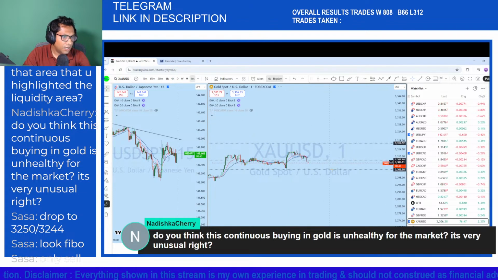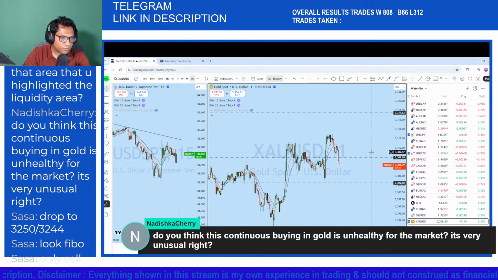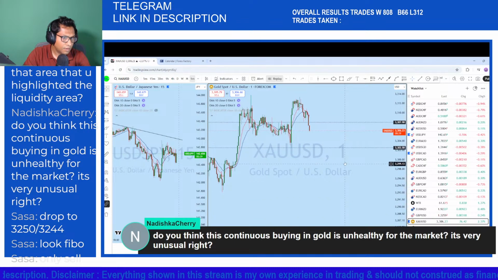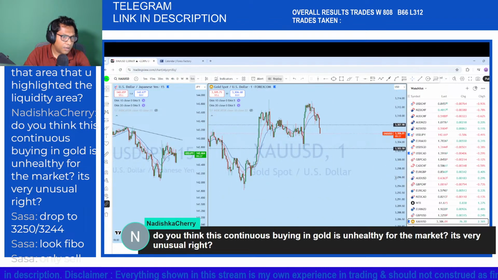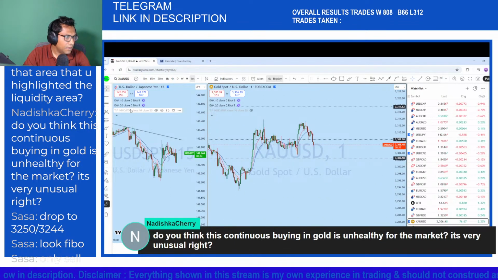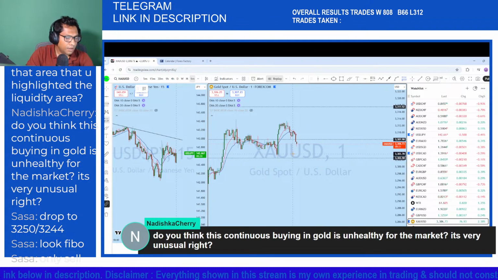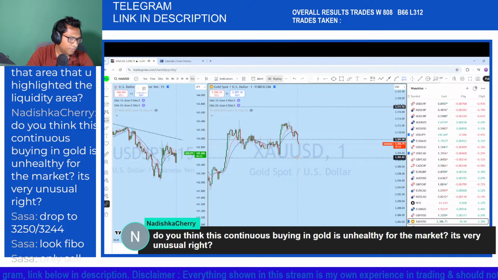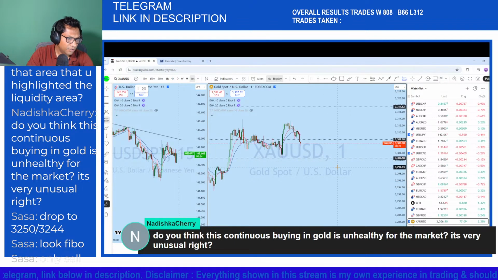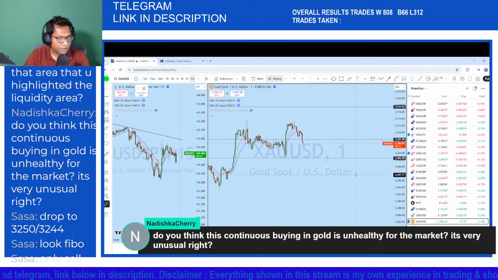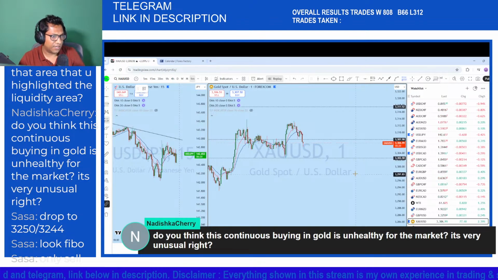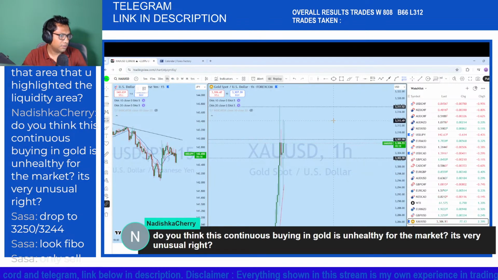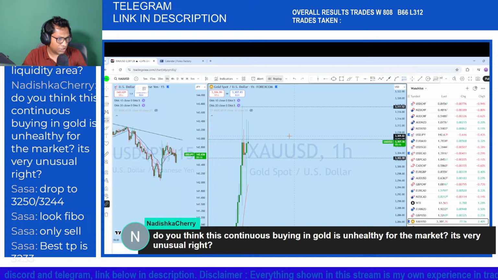So here I will be waiting for the drop. Then we will possibly be placing a pending order here for this potential buy. First waiting for this 1 hour candle to close. It might close as a doji.